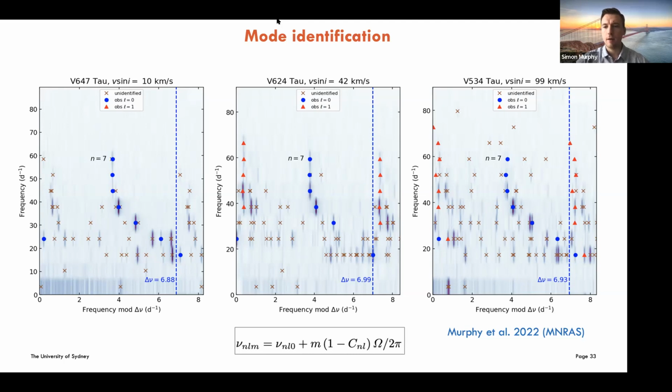Then we compare those very specific frequencies from the models with the ones that we observe, and we look to minimize the differences. That's what I meant by chi-square minimization. So it's a bit more than just trying to match the density, but ultimately it's the density that determines what the pulsation frequencies are going to be.